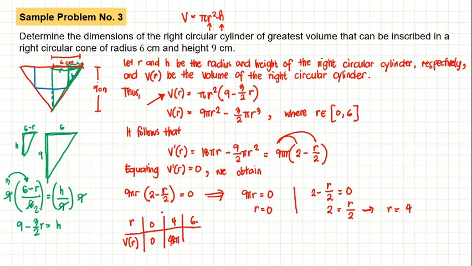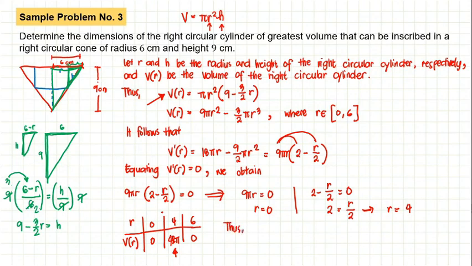And substitute 6 to r, you will get 0 also. Since we are looking for the dimensions wherein we will get the greatest volume, we take the largest volume, and that is 48 pi. Therefore, the volume of the right circular cylinder is largest when r is equal to 4.